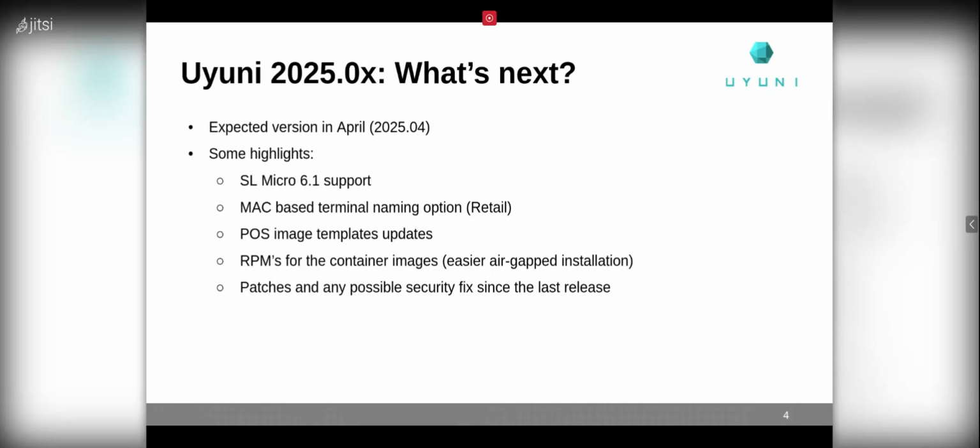This will make air gap installations easier than what they are today. Together with this, we will be providing some new documentation about this, and of course any possible patches or security fixes that have been published since the last release.